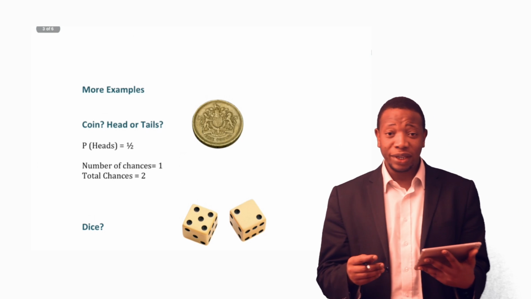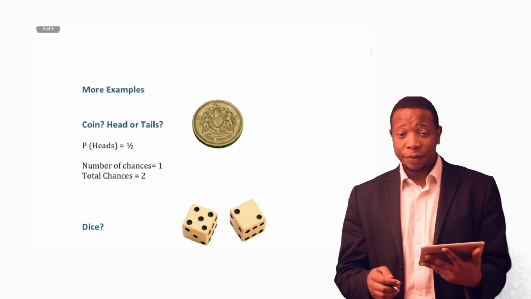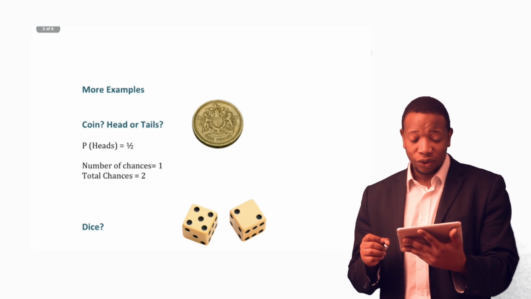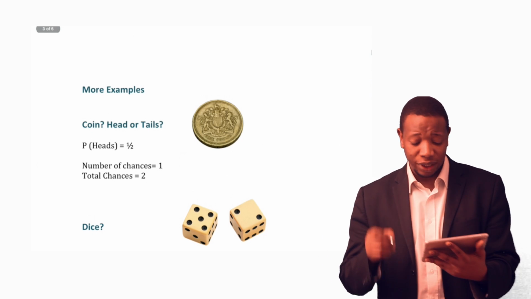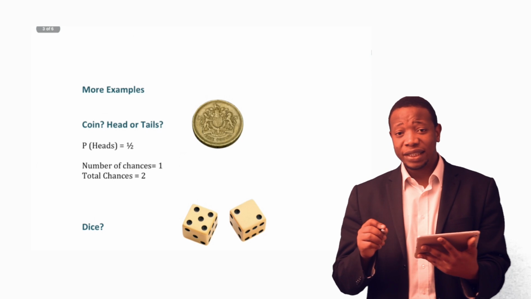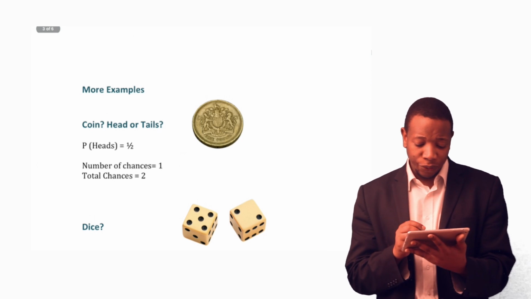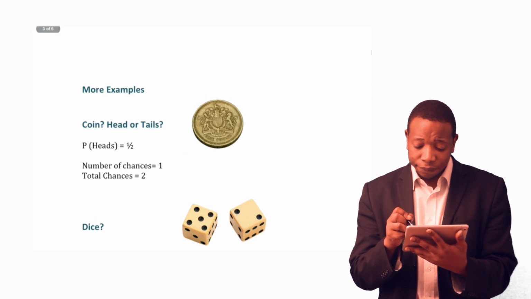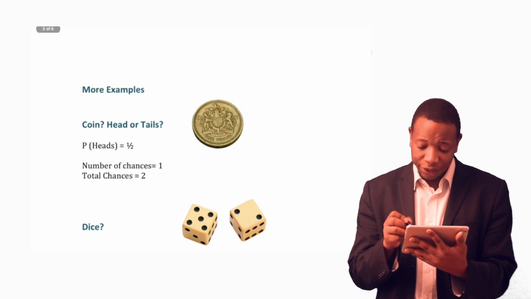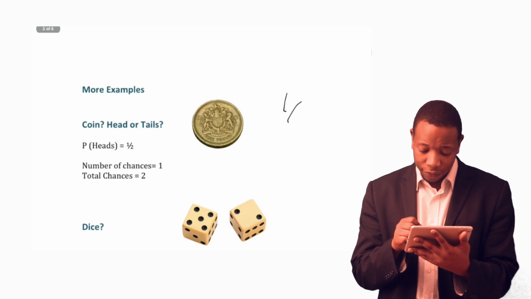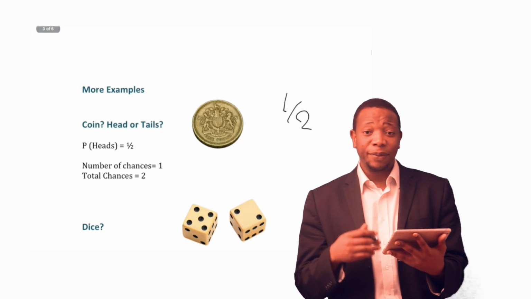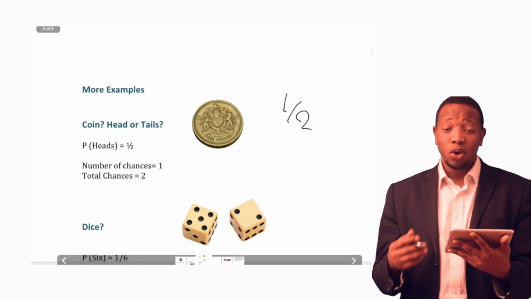When they toss the coin, they can either get heads or tails. The chance of getting a head is 1, and the total chances would be 2, so the chance would be 1 over 2. For both, tails or head, it would be 1 over 2.